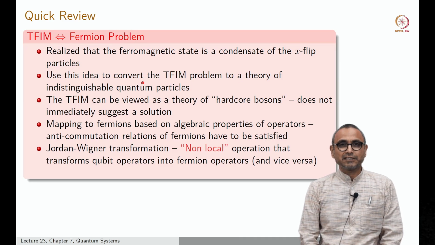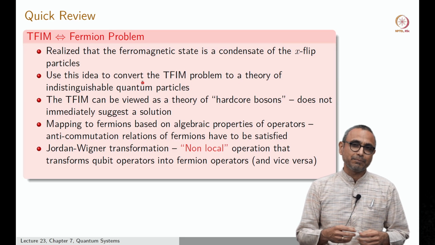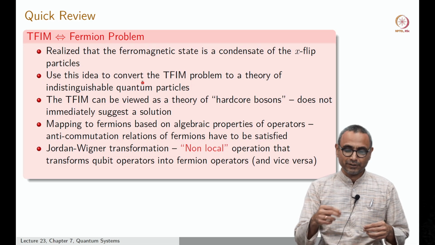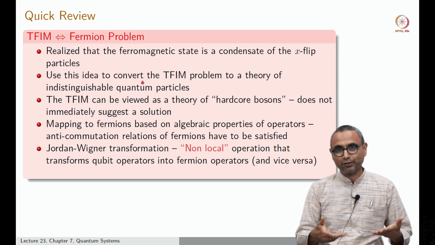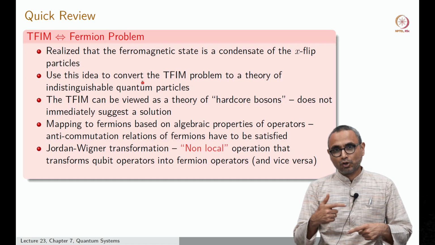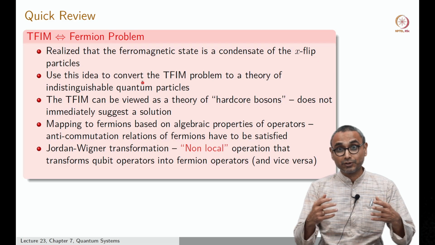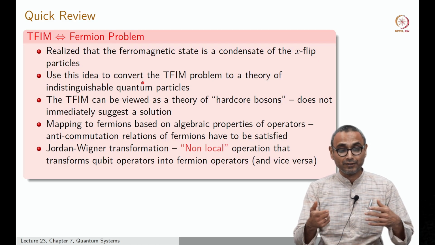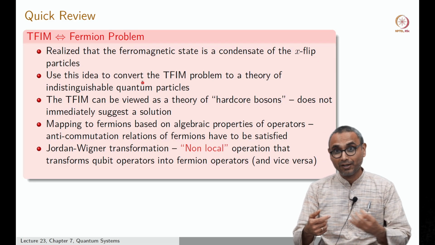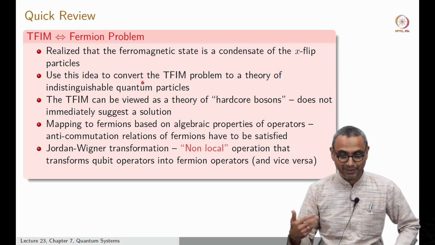And the Jordan-Wigner transformation is a non-local transformation between qubits defined on sites to fermions defined on sites. So, qubits defined on sites do not transform directly to the fermions defined on sites; they will also look at the full qubit state of the system in making that transformation.